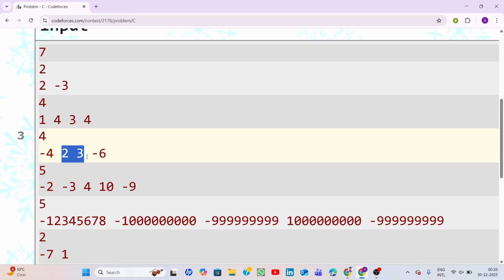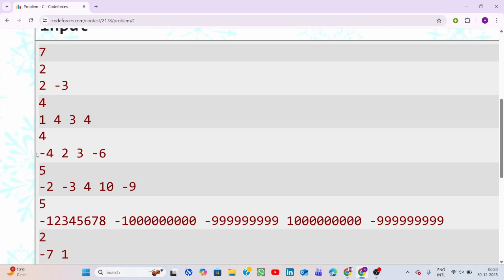Suppose a bunch of positive numbers come in front of a negative number. After removal of this negative number it would also cause a negative effect, and after removal of these two numbers it will also cause a negative effect. So whichever negative effect is smaller, we would remove that number.